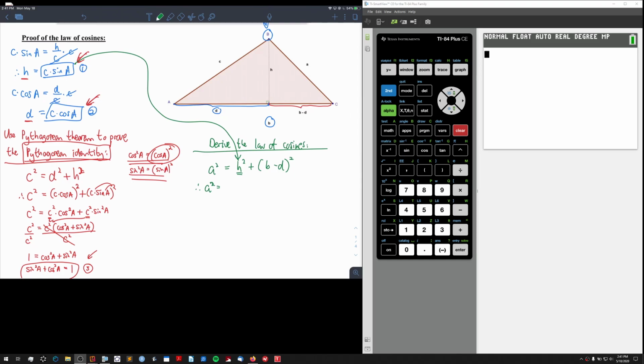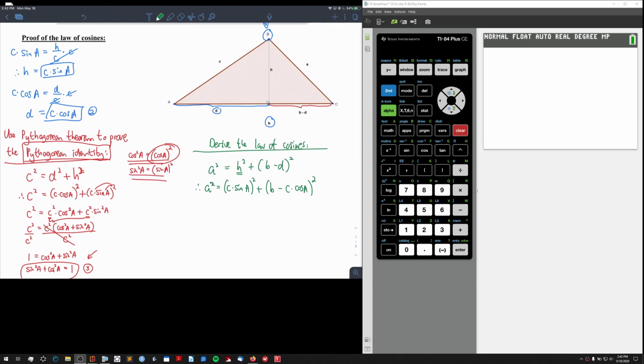So I'm going to say h squared is (c times sine A) squared. And then I have plus (b minus d) squared, but now notice, again, I have d here, so I can plug that in here. So I have (b minus c times cosine A) squared. All right, so let me clean this up a little bit. This is what I have.